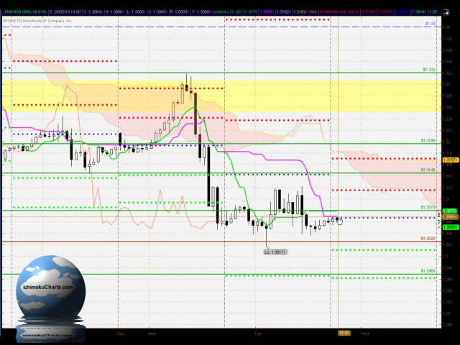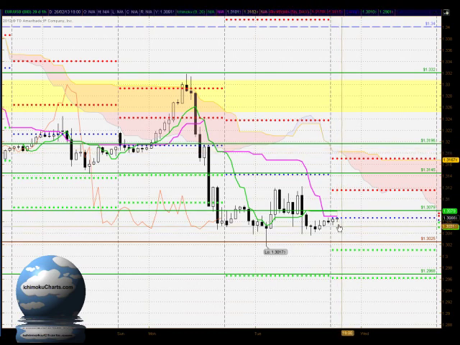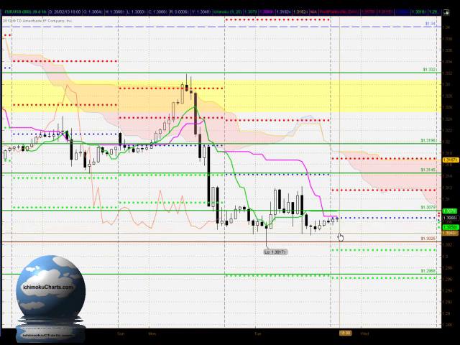Obviously, if the market does attempt to rally, those resistance areas will come into play. But if we do see weakness come back into this market, and that is most likely because the overall bias is to the downside because we are trading down below the cloud, then if we do see the market sell off, we do have some decent support down around the 130.40 level.